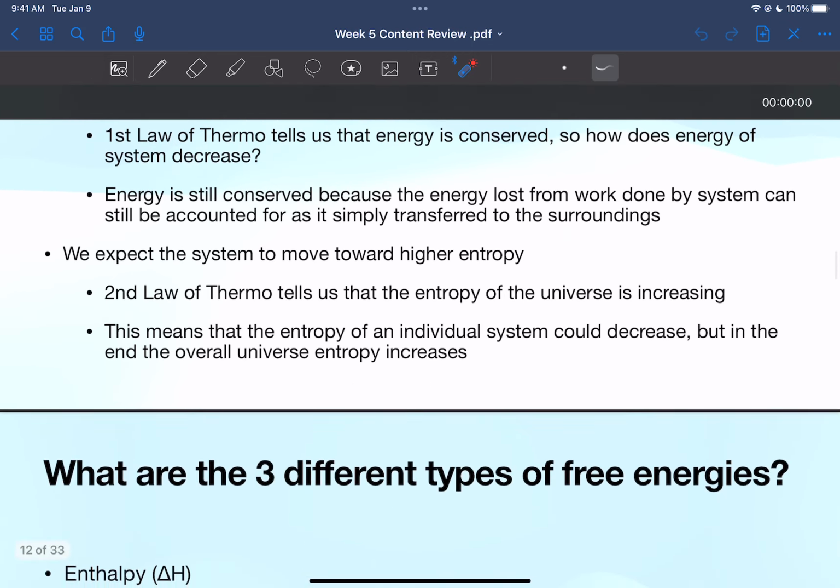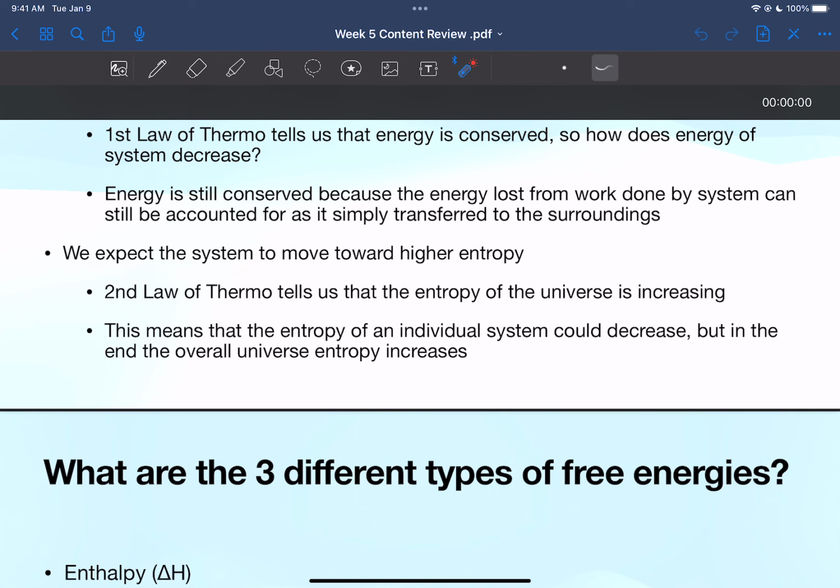So the second idea, then, that we mentioned before, is that we expect the system to move towards higher entropy, right? Now, the second law of thermodynamics tells us that the entropy of the universe is increasing, right? So you might be thinking, we've seen some examples maybe from the homework, or maybe in your Gen Chem class, where entropy, delta S, has been observed to be negative.